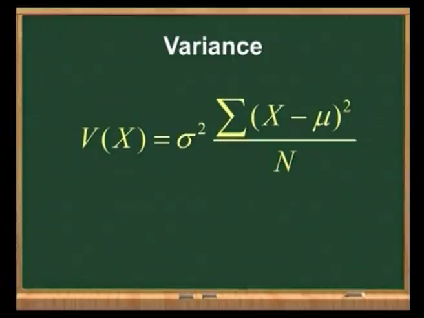For a population, the variance is represented by V(X), or more typically by the lowercase Greek sigma squared. The formula is variance, that is sigma squared, equals the sum of (X minus mu) the whole squared, divided by N. Most statistical methods deal with or include the concept of variance.